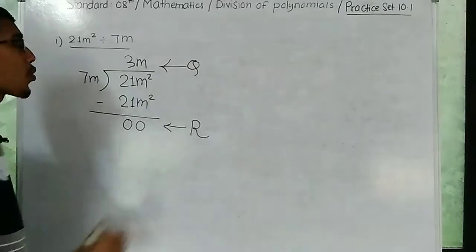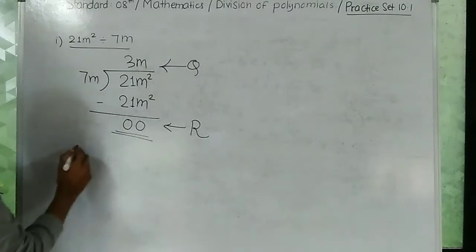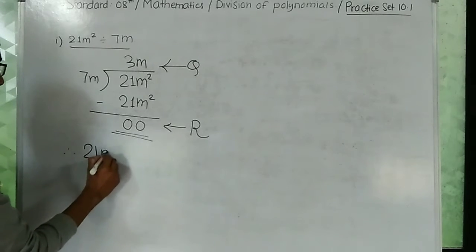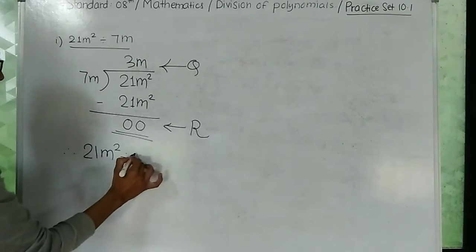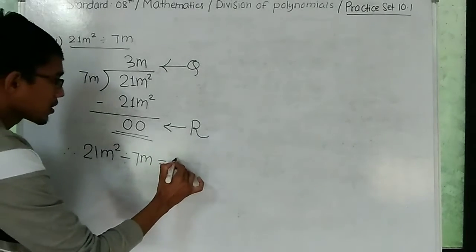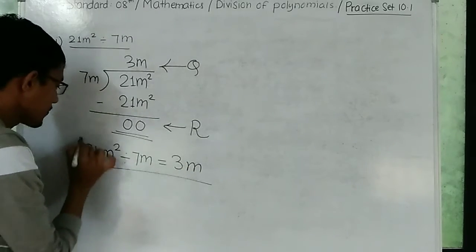So 3m is the quotient and 0 is the remainder. Therefore we can write 21m square divided by 7m is equal to 3m. What is the answer? 3m.